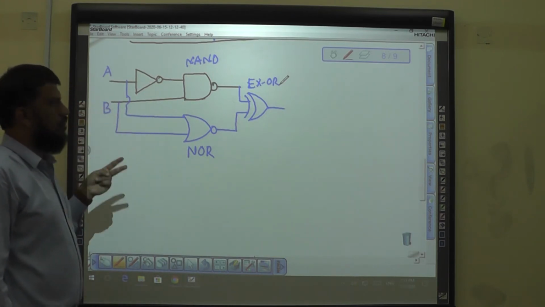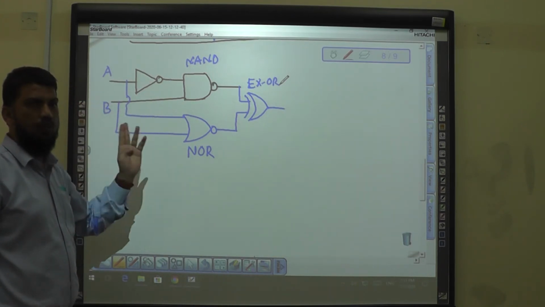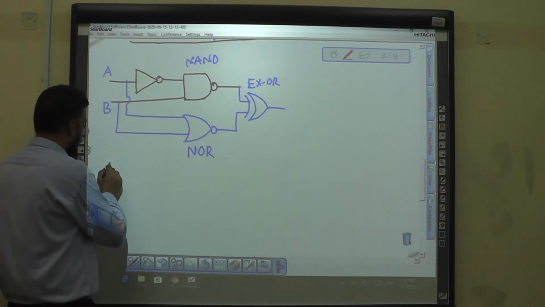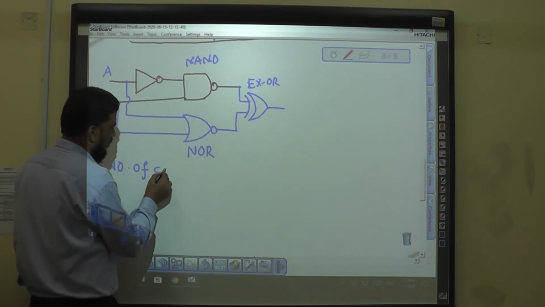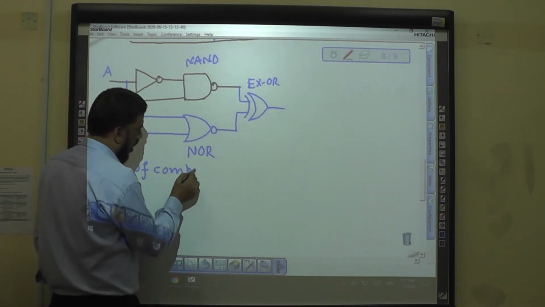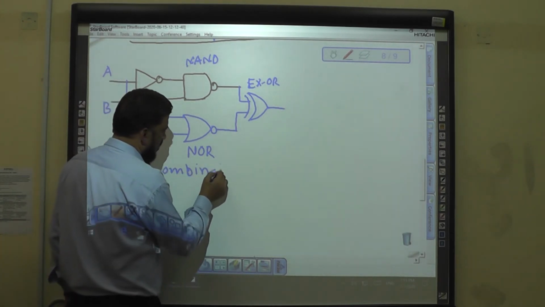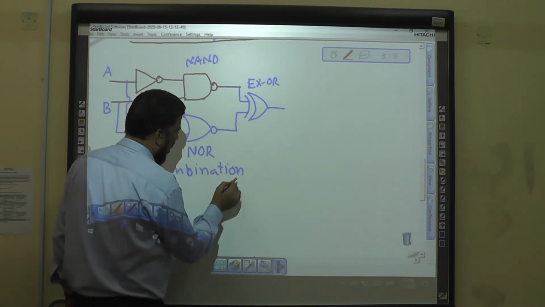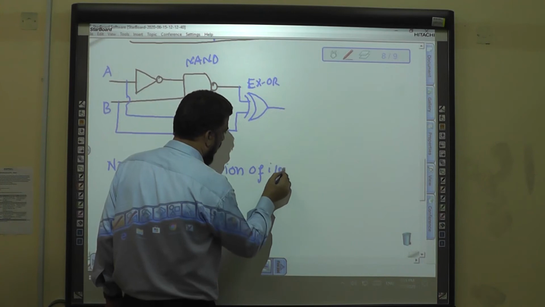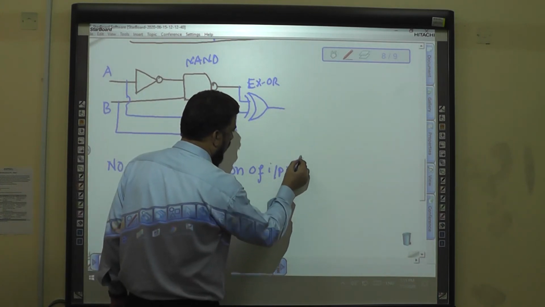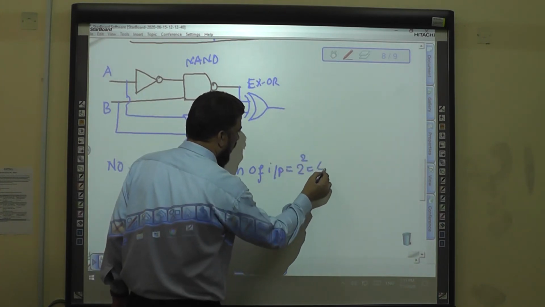So the number of combinations of input will be 2 power 2, equal to only 4.